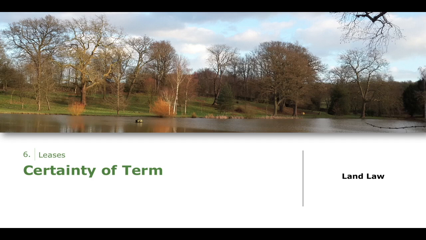The third and final of these, as a result of the case of Ashburn, didn't meet the same requirement standards as the other 2, but the other 2 were necessary requirements for the existence of a lease. These were the certainty of term, as well as exclusive occupation or exclusive possession of the property.